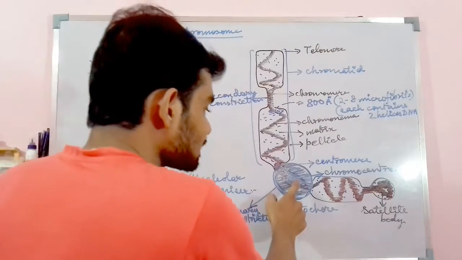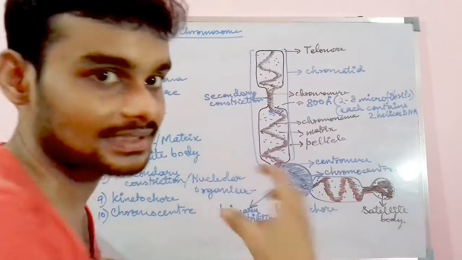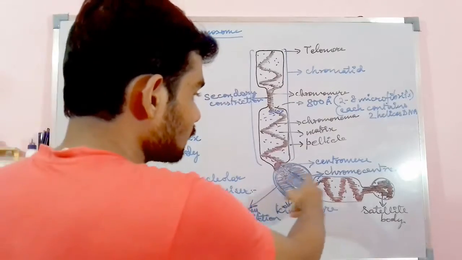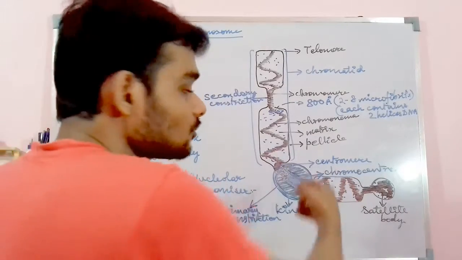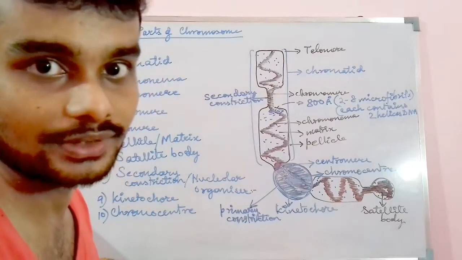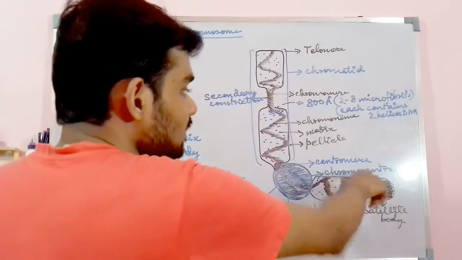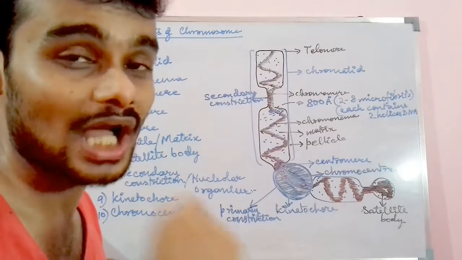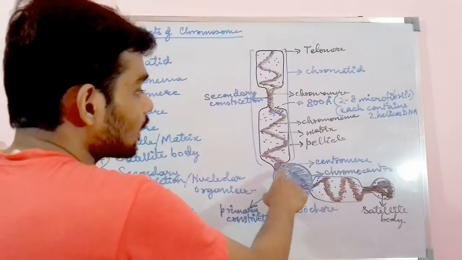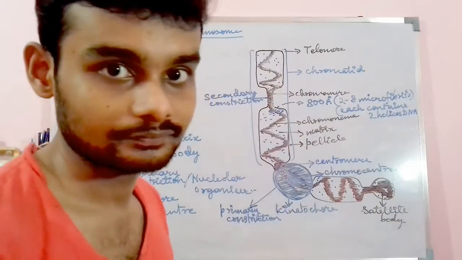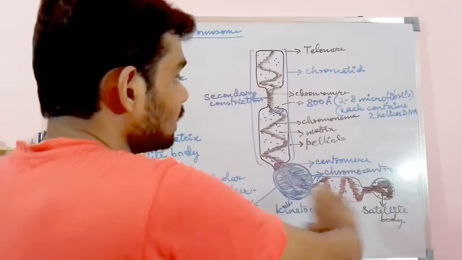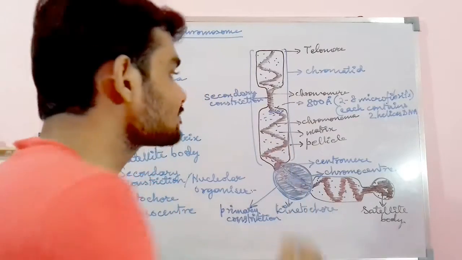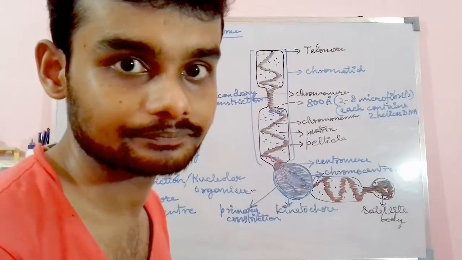Chromocenter is the dense central portion of the centromere, lying at the center of the centromere or the kinetochore disc. This part is the most stainable and most highly condensed part in the entire chromosome, compared to the other portions of the chromonema and chromatids.